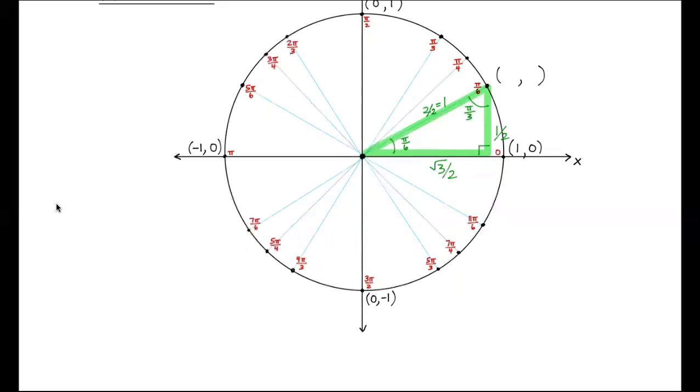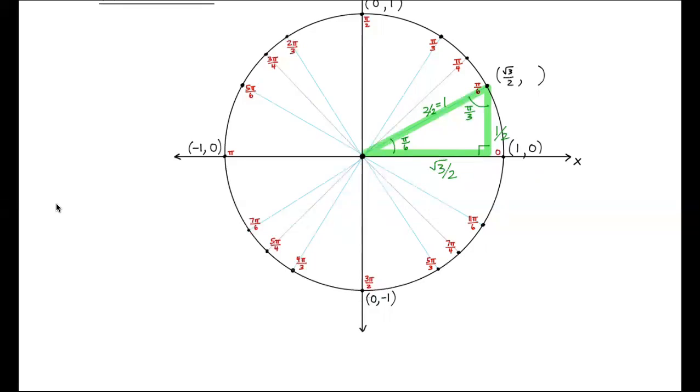Now what I want you to notice is this side length here, that one there represents the x coordinate of that point up here. So the x coordinate here is root 3 over 2.